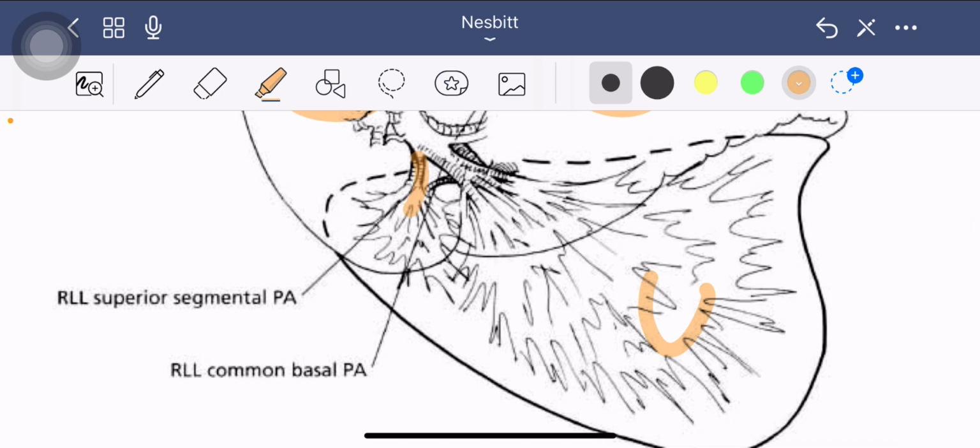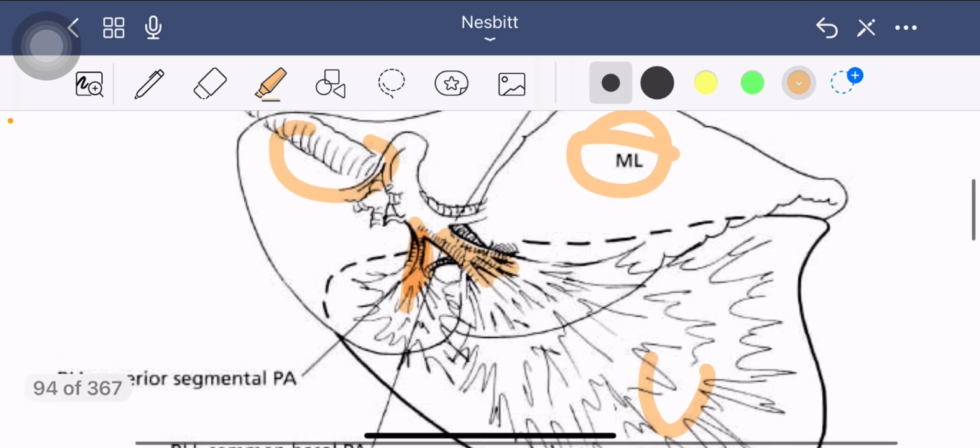So this is the oblique view of the right lung from the surgeon's perspective through a posterolateral thoracotomy. This is the right upper lobe, the middle lobe and the lower lobe. This is the superior segmental pulmonary artery, and this is the right lower lobe common basal pulmonary artery.